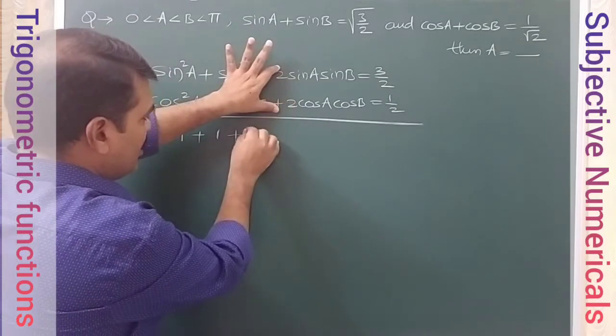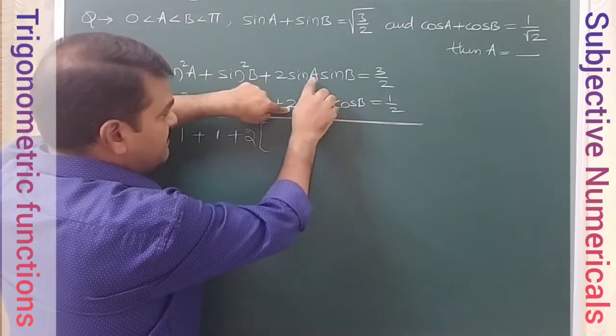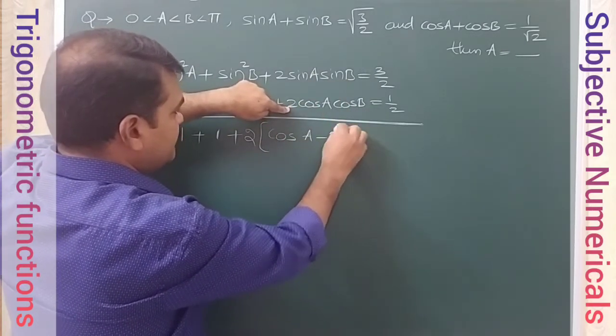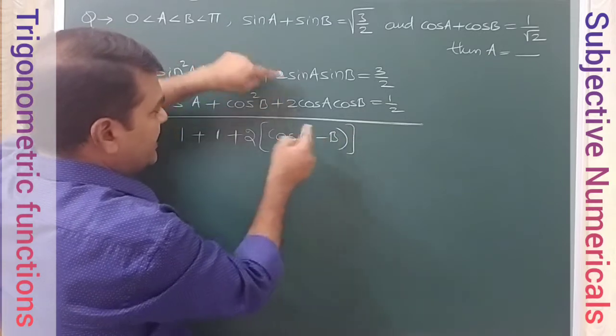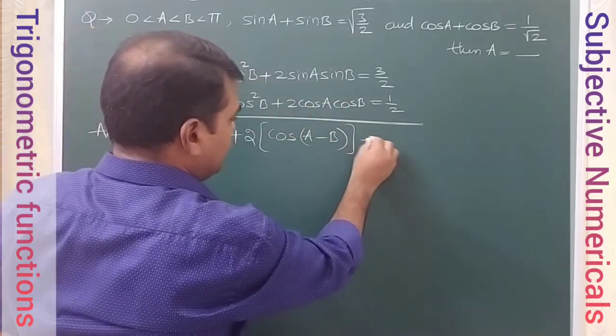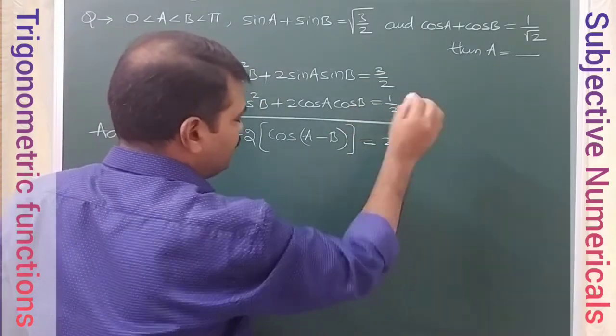In this take 2 common: cos A cos B plus sin A sin B is cos of A minus B. And 3 by 2 plus 1 by 2 means 4 by 2, that is 2.